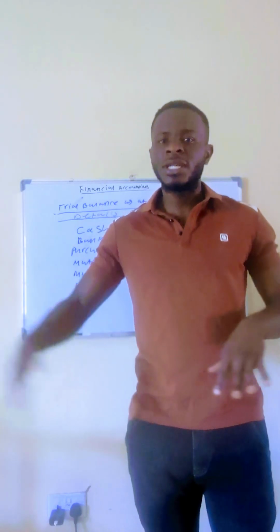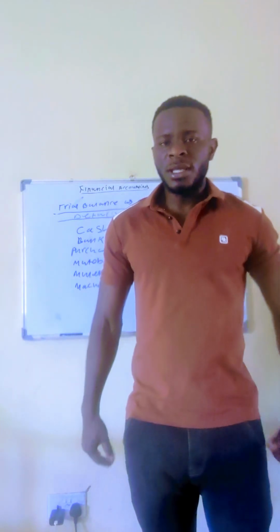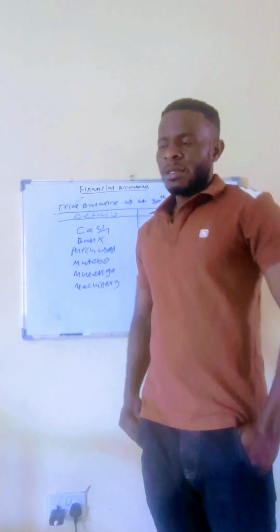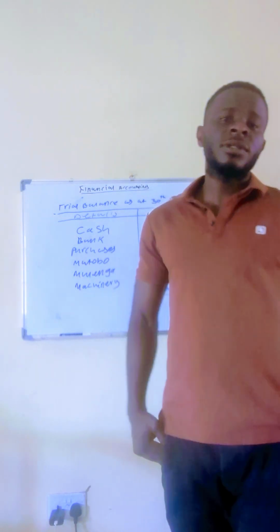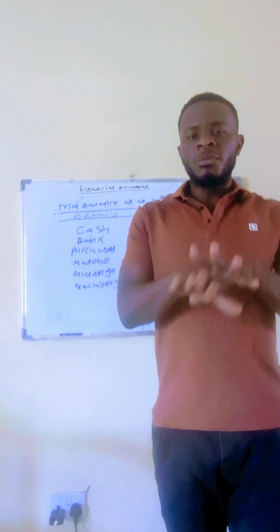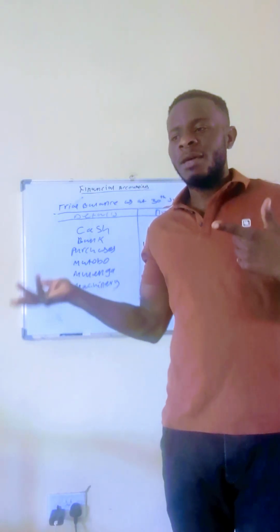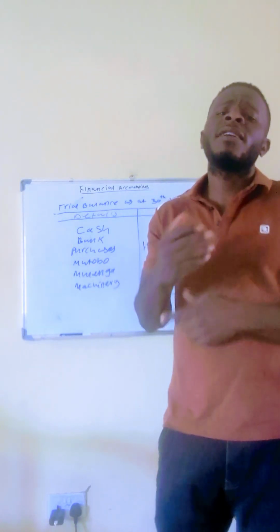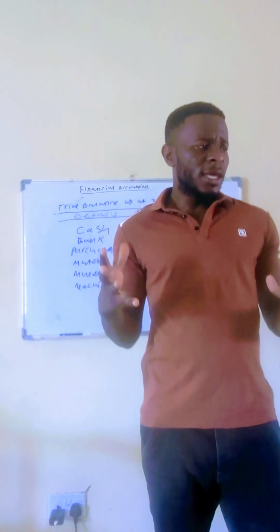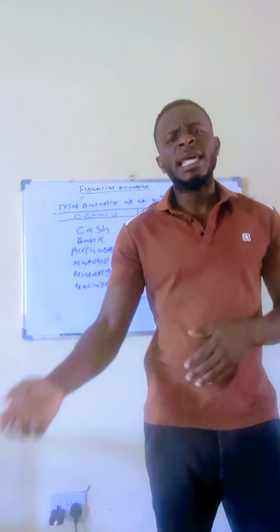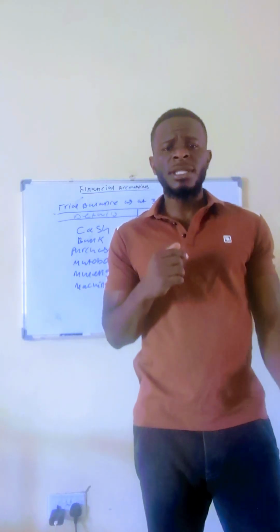With those you never go wrong: you debit the expenses and the losses, and you credit the gains. Those are very important to master, because if you only master debit the receiver, credit the giver, you'll be very confused when it comes to the part where the expenses are debited and the gains are credited.